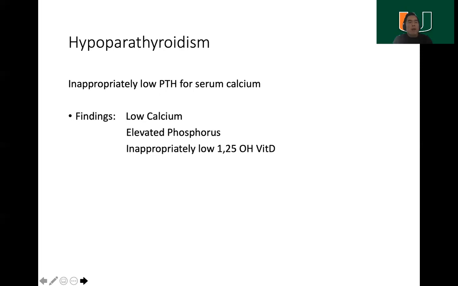So you want to check when the calcium is low, right? So this is the reason why we say that if you see hypocalcemia, if you can obtain one blood test, we often ask for serum PTH, right? Because it helps us with the differential diagnosis, right? So is this hypoparathyroid or not?